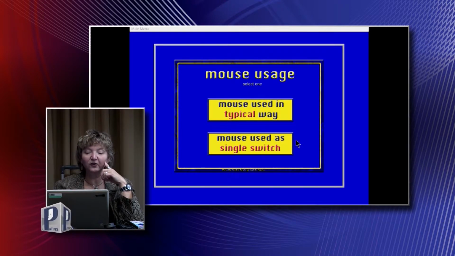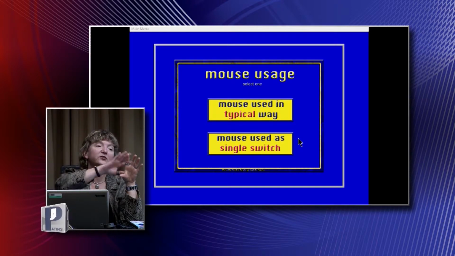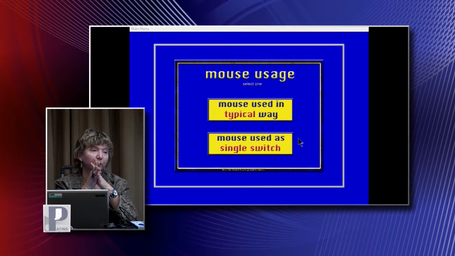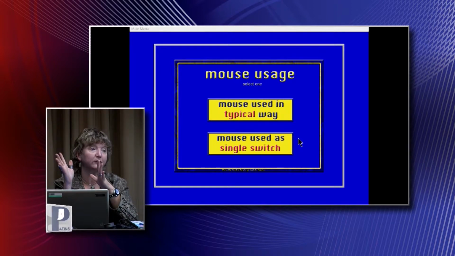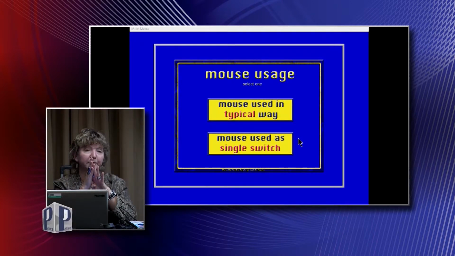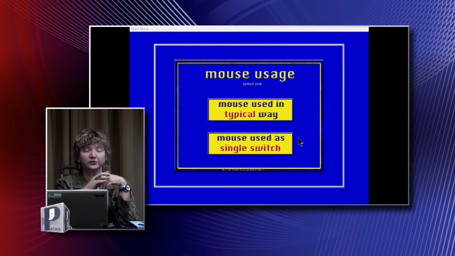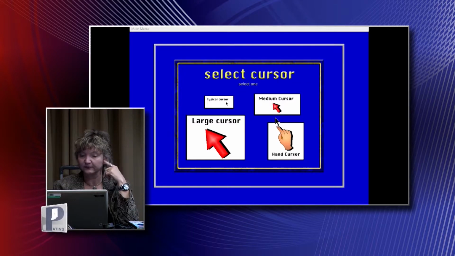And then also whether or not you're using the mouse, so the mouse is active across the screen, or if it needs to stay in one location because you're using a single switch, so that somebody else will need to put the mouse at its location, so your switch user is just using their switch.